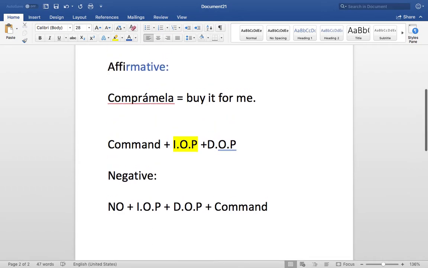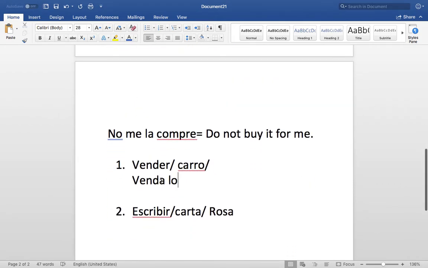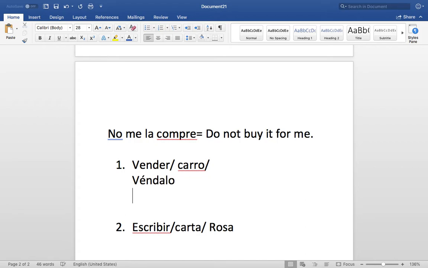When you're doing an affirmative command with direct and indirect object pronouns, you have to attach them. So I've got to attach it, and then it's véndalo. I need to have the accent mark. That's affirmative. Now we're going to do the negative. Véndalo means sell it.